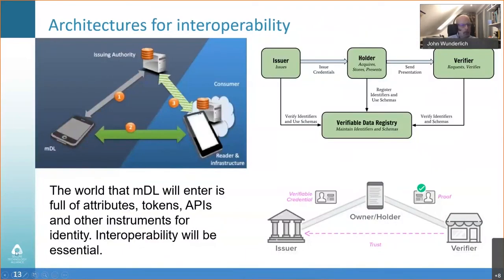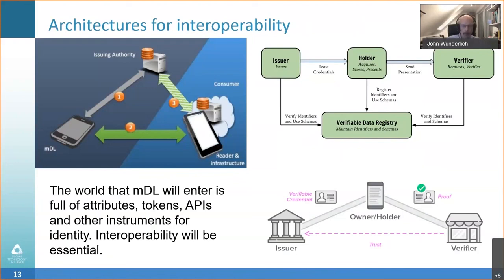So what's interesting to me when I look at this architecture for interoperability, or the high-level mDL architecture, is how similar it is to other things that are happening in the identity and verification space. If you look on the right, you'll see the issuer, holder, and verifier from verified credentials, which is a W3C standard.